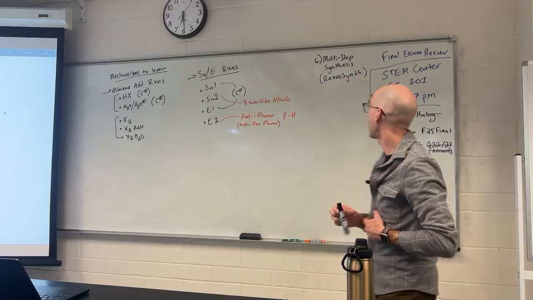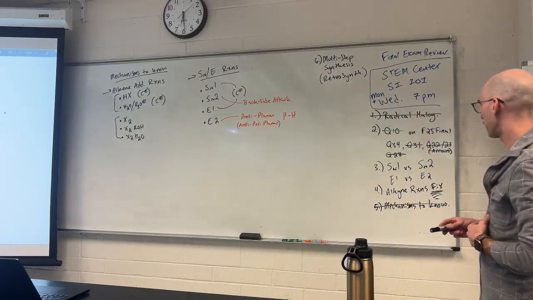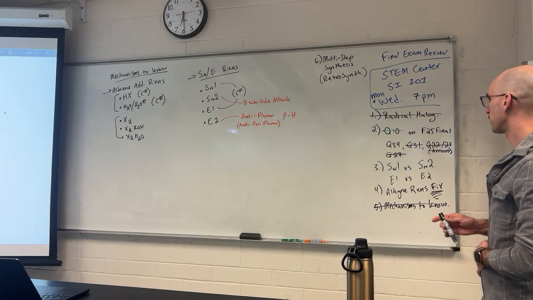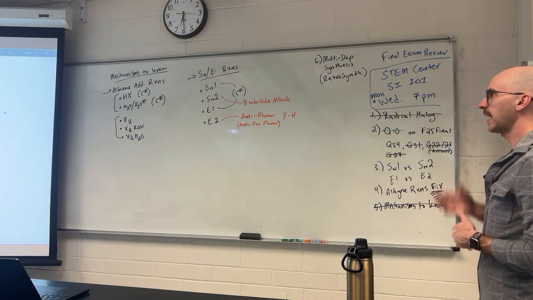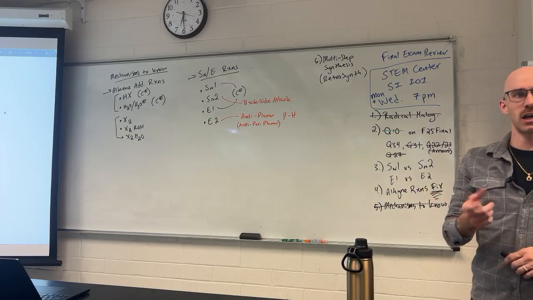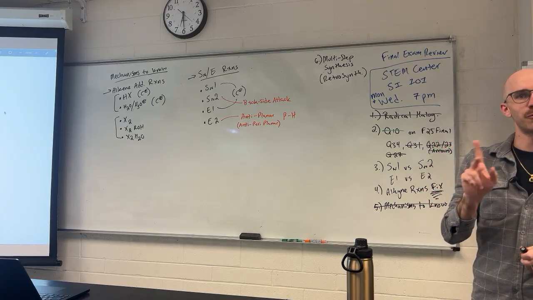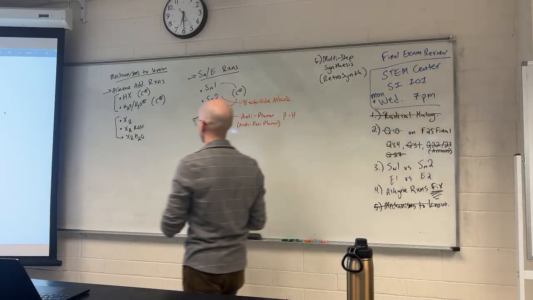You wanted to spend some time on arrow pushing, right? So I have a problem. We'll do some arrow pushing on it, but then we'll also use it to look at whether it's an SN1 or an E1 reaction.